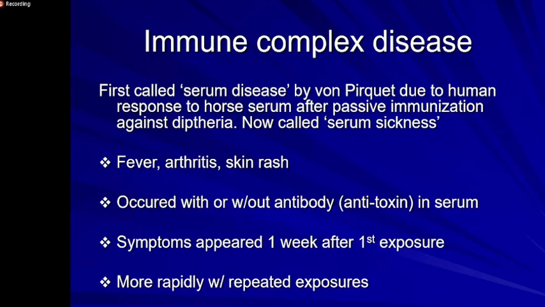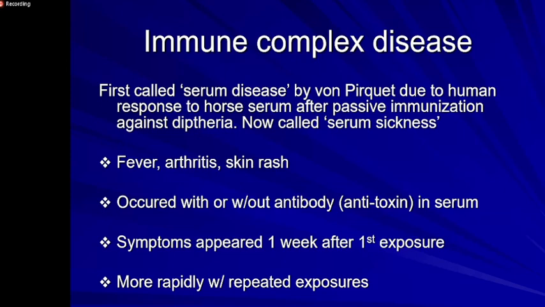Now, for a long time, diseases which were related to the presence of immune complexes were called serum diseases. If you look at the literature of Von Pirquet, he defines serum sickness in people who had immune complex diseases. We no longer use that terminology. He went ahead and defined the presence of fever, arthritis, and skin rash, which occurred with or without antibody in the serum.